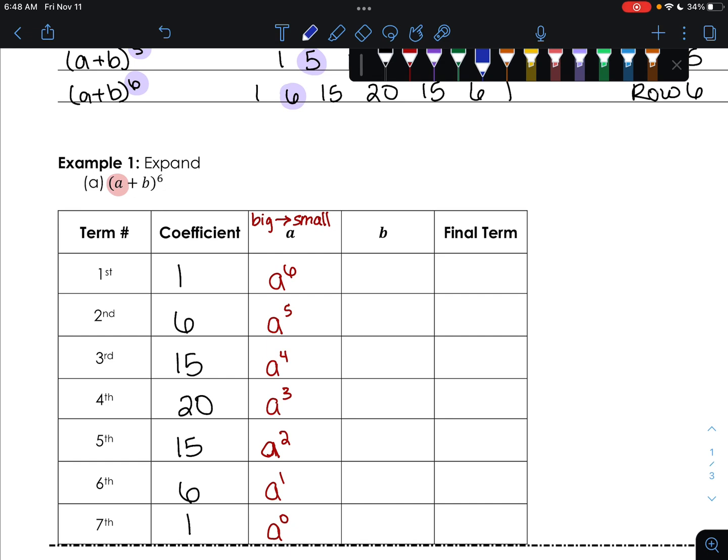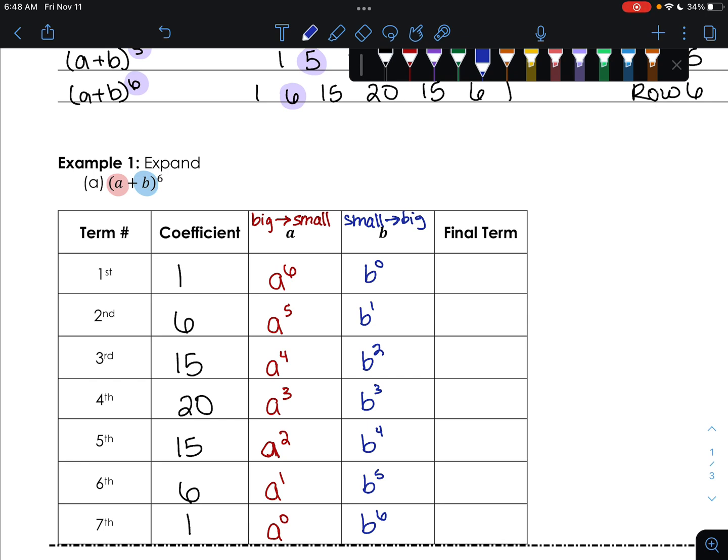Then your second one, you're going to work your way from small to big. So that's going to be b to the 0, b to the first, b to the second, b to the third, b to the fourth, b to the fifth, and b to the sixth power.